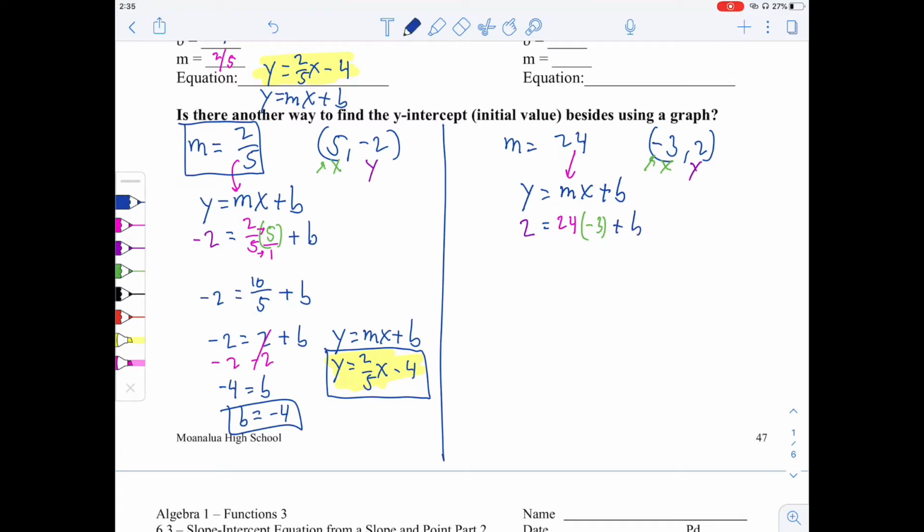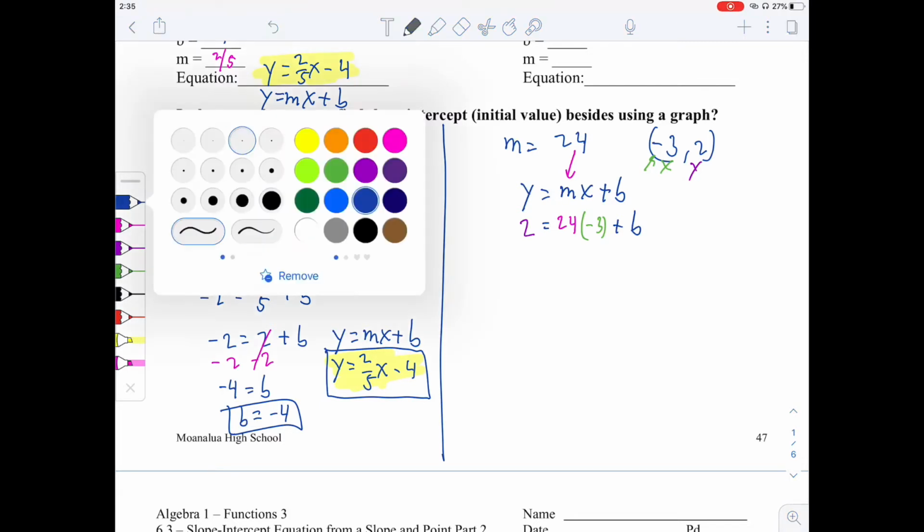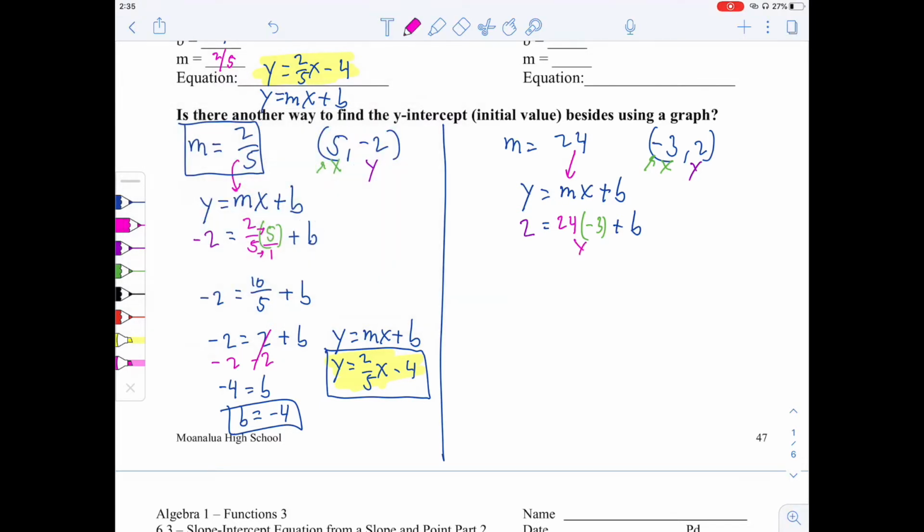And then we have plus b. So 24 times negative 3 is going to be negative 72. Bring everything else down. Then we can add 72 to both sides. So it's 2 plus 72, 74 equals b, and flip that around, b equals 74.